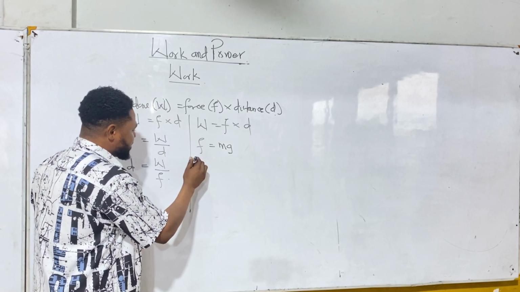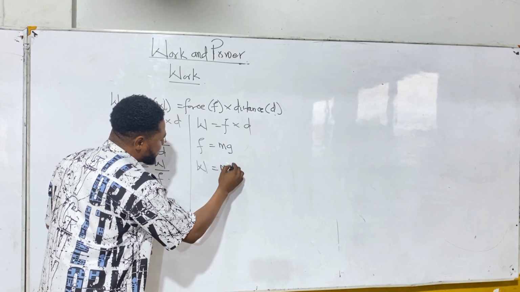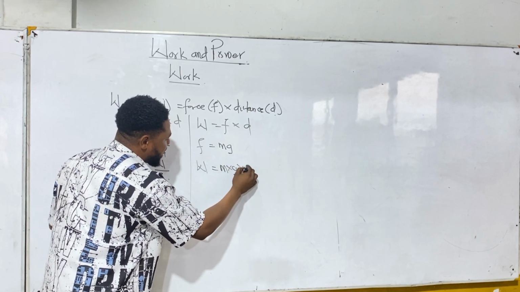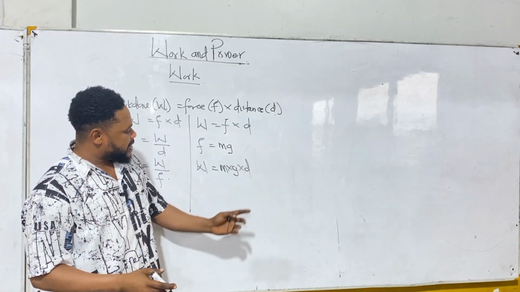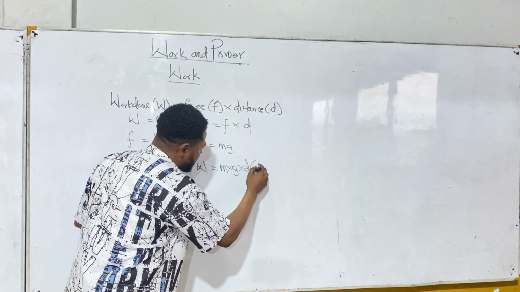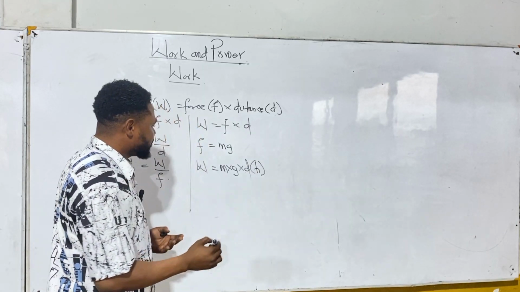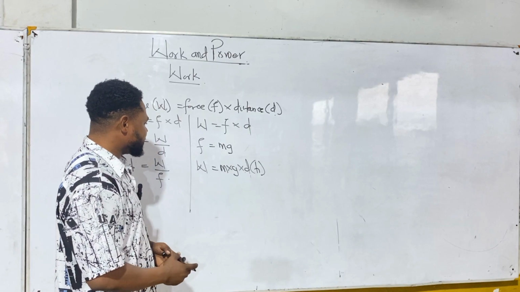In that case, work done is equal to mass times gravity times distance. In some cases, we can use height to represent the distance, so we can introduce h in place of the distance.